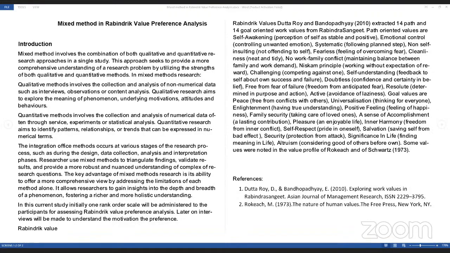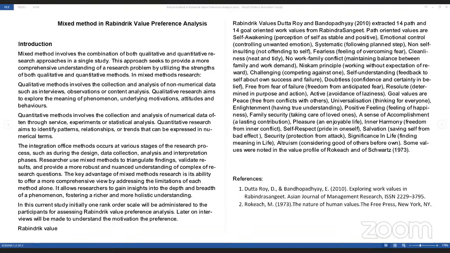So can I repeat, sir? The new assignment, value survey, that one. Yes, sir, in the instructions only.